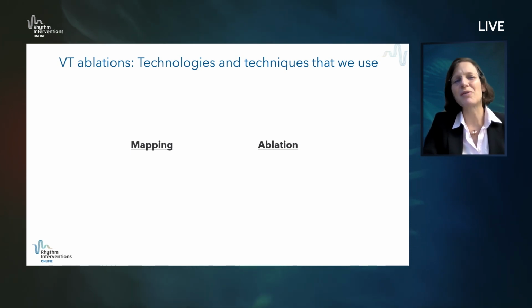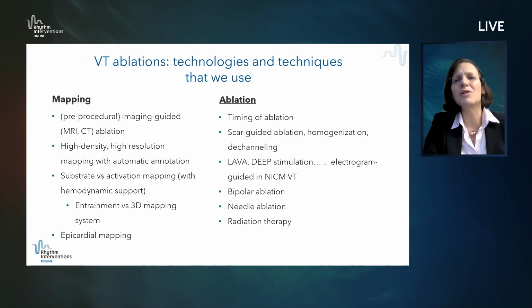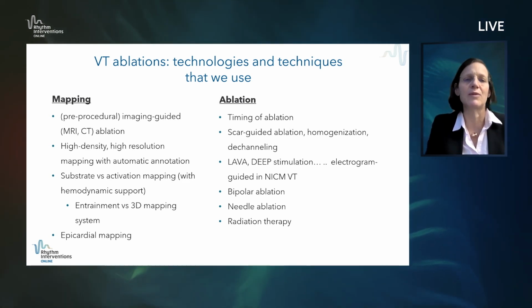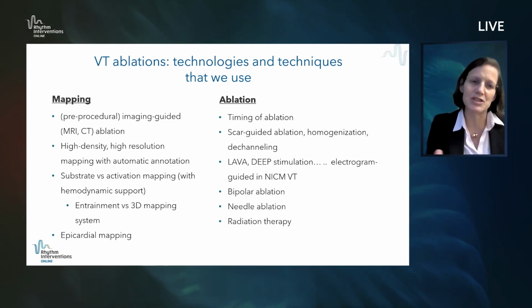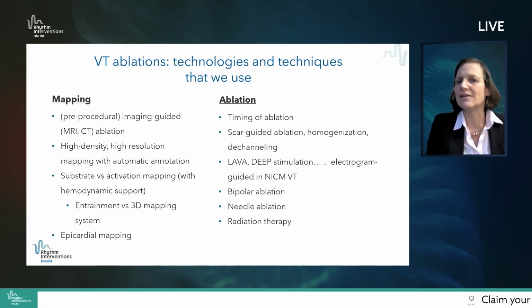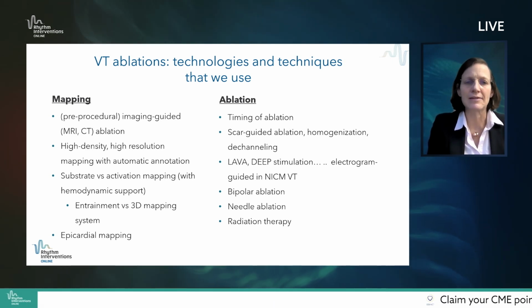So when we talk about VT ablations, it's mainly 2 topics. It's about mapping and ablation. And what do we really use now? If you look at the different mapping technologies that we use now, you have, of course, the whole bunch of pre-procedural things that we could do, like image-guided ablation, like integrating MRIs or CTs.